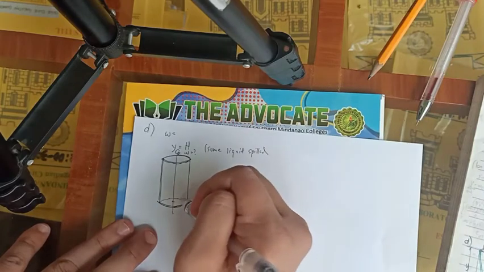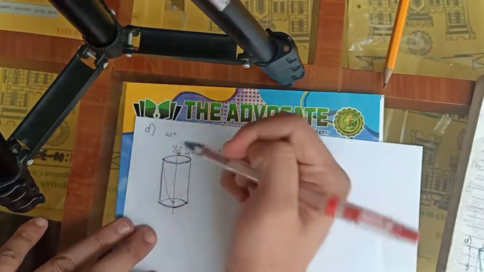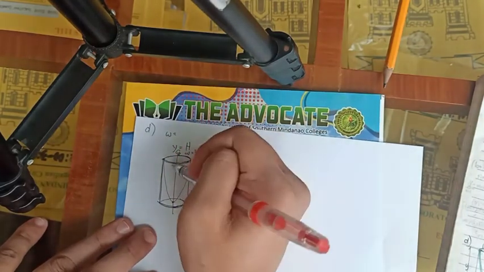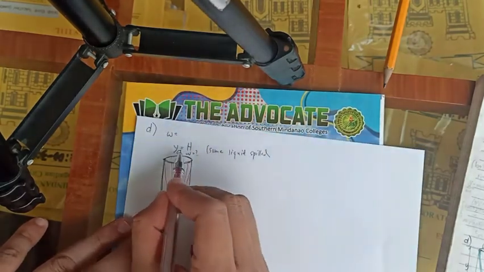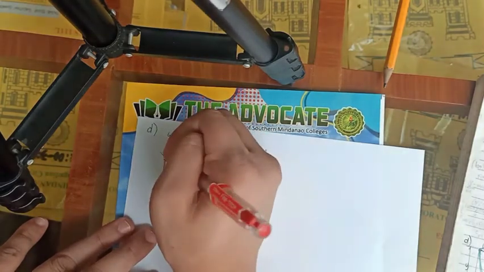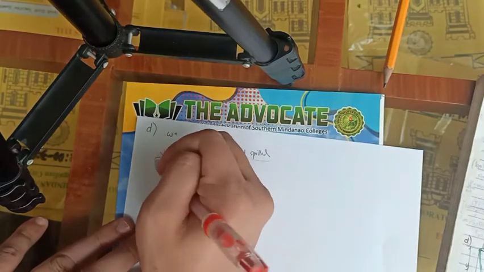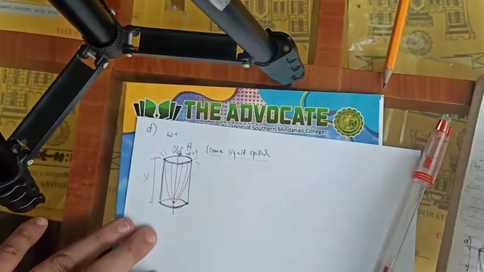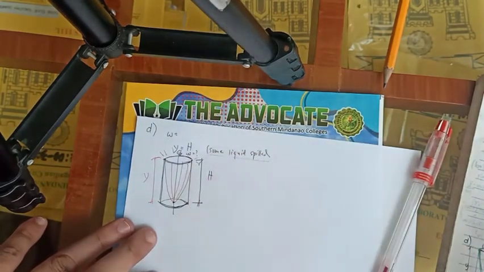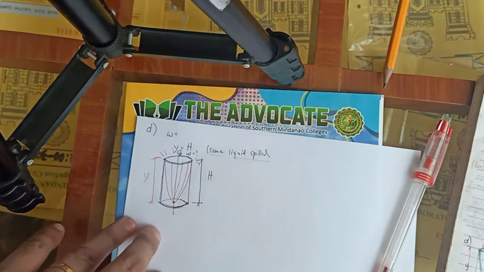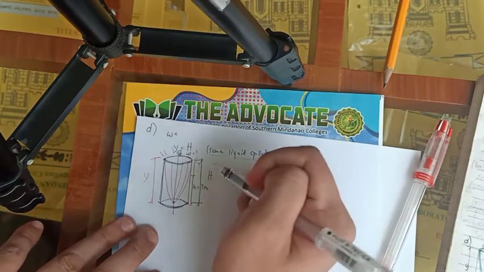And this is the center, and this is the paraboloid. Since y equals h, so some spill, so assume the spill. So this is y, and this is capital H. Again, there is 3 meters and 1 meter.